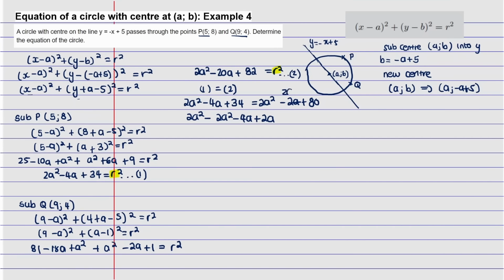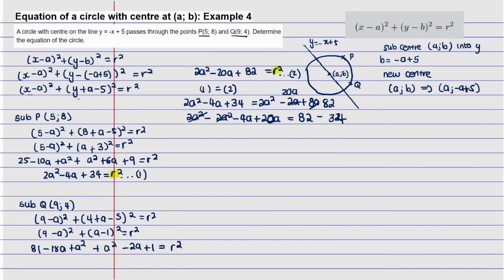Made a mistake, this is 20A, so plus 20A, then this is equal to 82 minus 34, right? Sorry, it's 82 minus 34. Why am I saying wrong things? 34, right? So you're going to have the following.